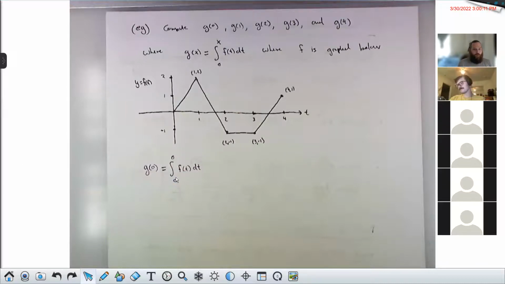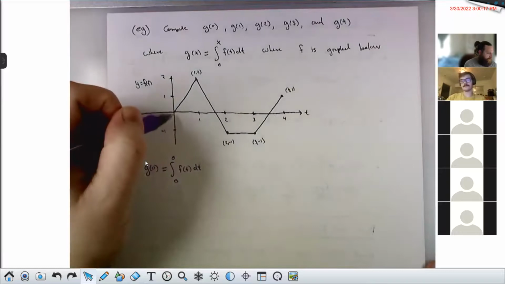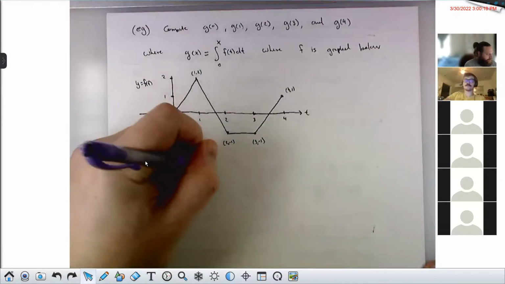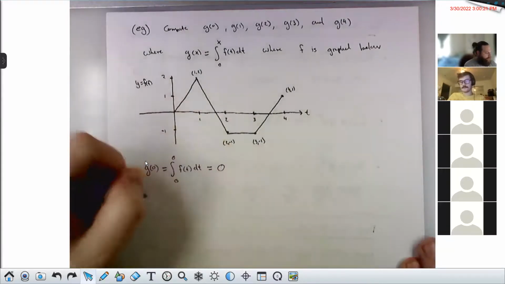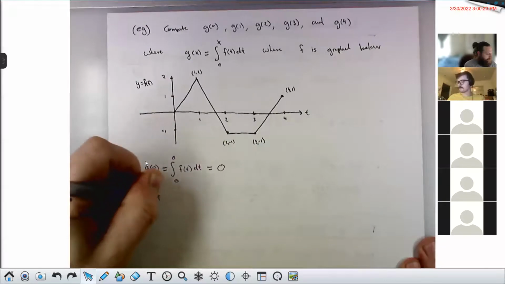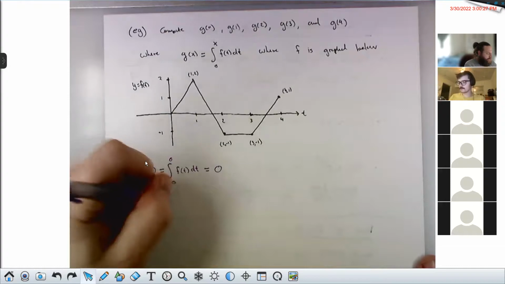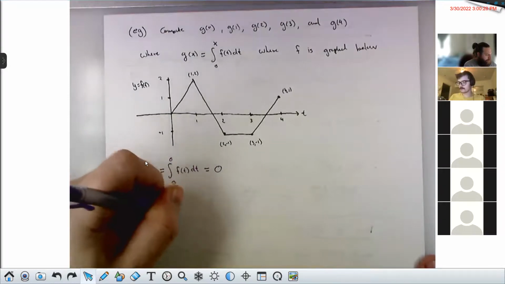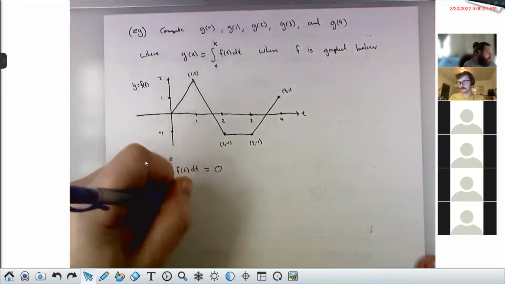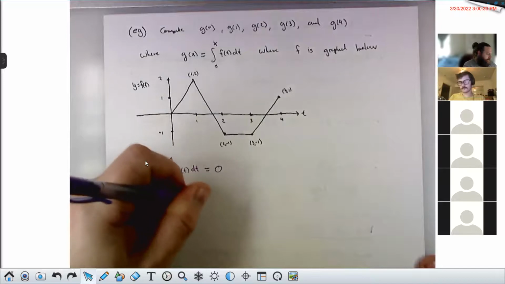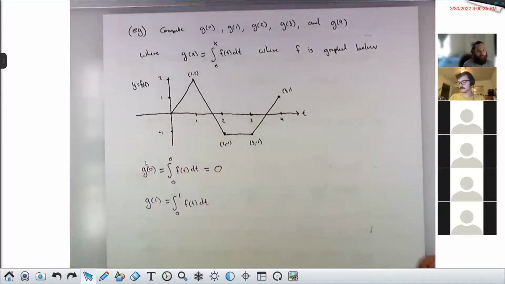Okay, integral from 0 to 0 of anything would always be 0, because there is no area between 0 and 0 here. So g of 0 is 0. G of 1 would be the integral from 0 to 1 of f of t dt. So now I do have something to think about.